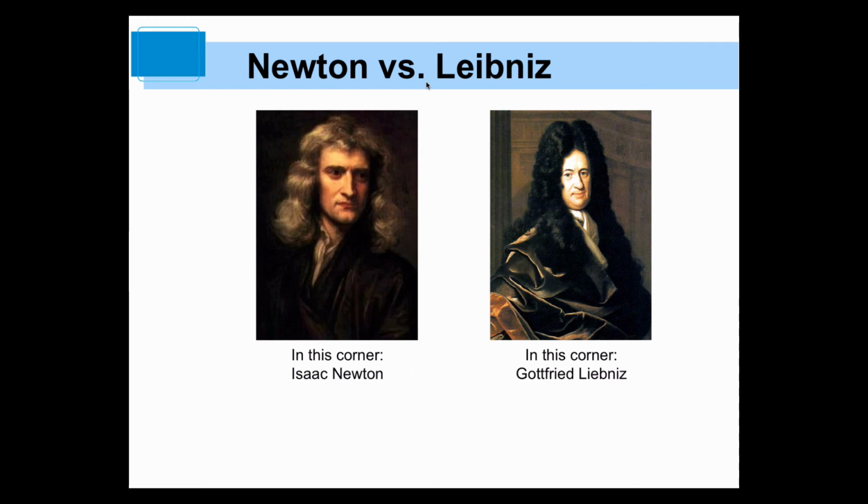Everybody knew him, signed autographs on the street, that kind of thing. He hears about Leibniz and ruins his life. Just completely destroys him, goes after him, accuses him of plagiarizing, a whole bunch of other things, just makes his life a living hell. Leibniz ends up dying broke, poor, destitute. Newton goes on to be Isaac Newton. Everybody knows Newton. No one knows Leibniz. It's a sad story.